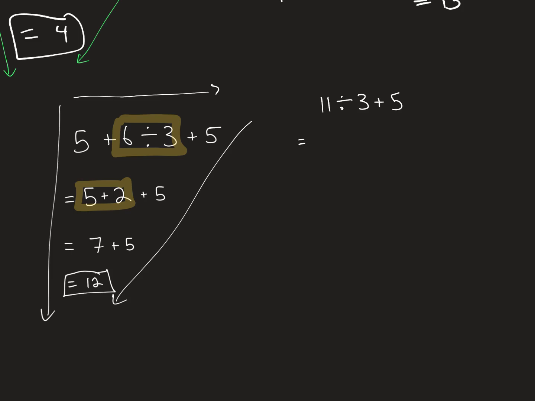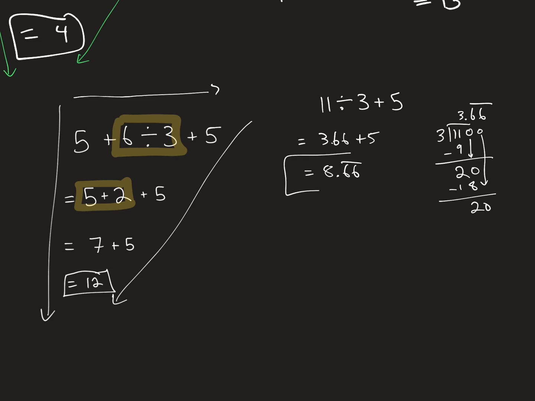Then if I try to divide 11 by 3, 3 times 3 gets me 9, and already I'm getting a headache. 3 times 6 gets me 18, that gets me 2, and I'm in this endless cycle of 3.66 repeating, and then trying to add 3.66 plus 5, I'm getting 8.66 repeating. So this is so much different than the correct answer.